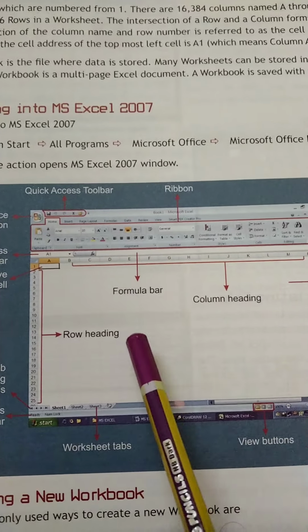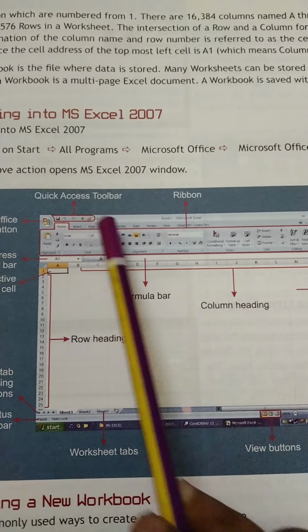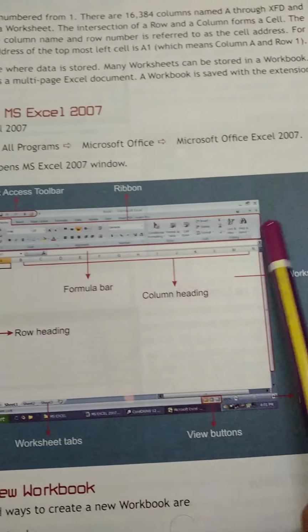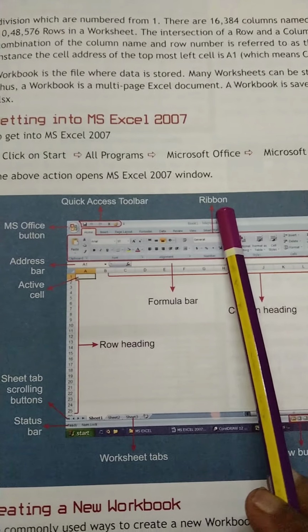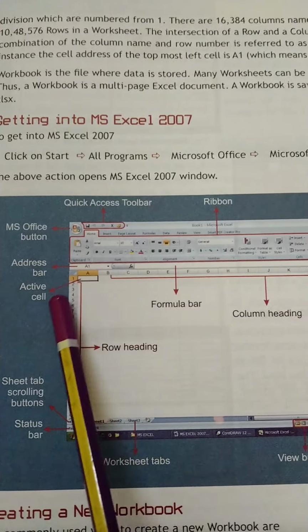the spreadsheet will open. First, this is the quick access toolbar, and this complete area is called the ribbon. Then this is the address bar, and this is the cell. Each box is called a cell. If it is selected, it is called the active cell. This is the formula bar. Here we have to type all the formulas.